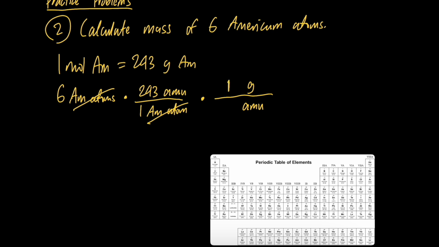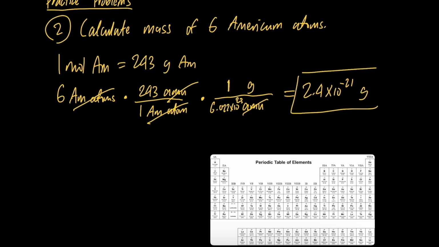And so recall that 1 gram is 6.022 times 10 to the 23 AMU. So AMUs cancel out and we're left with grams. So if you do the calculations, you should be left with 2.4 times 10 to the negative 21 grams. Which makes sense, because we're only wanting the mass of 6 americium atoms, which is almost nothing.